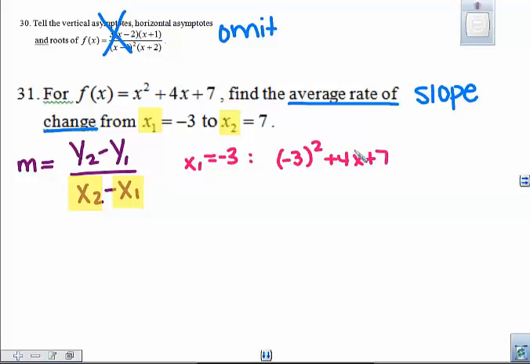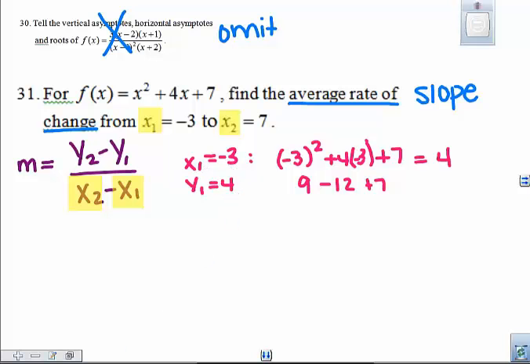Oh, I meant to plug in a -3 here. That's 9 minus 12 plus 7, which gives you 4. So that is our y1. So when x is -3, y is 4.